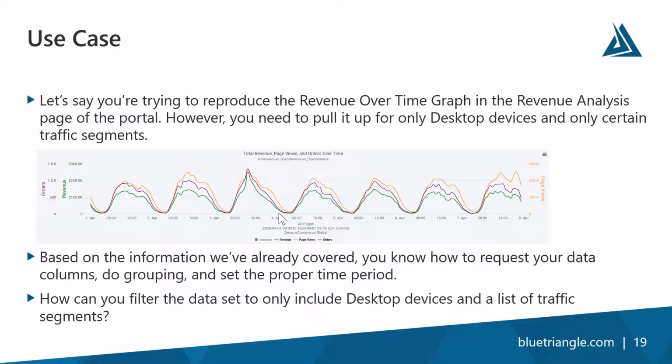Based on what we've already covered, we know what data columns we would need to request. So it would be revenue, page views, and orders. We could do the grouping by time, and we could set the proper time period, right? And then how do we filter this by only the desktop devices and the certain traffic segments?